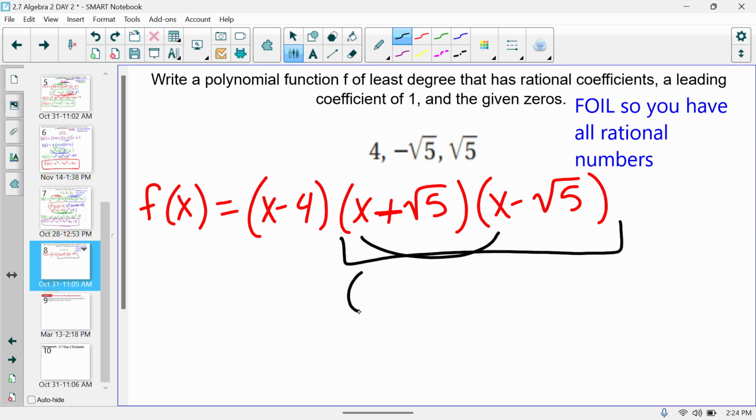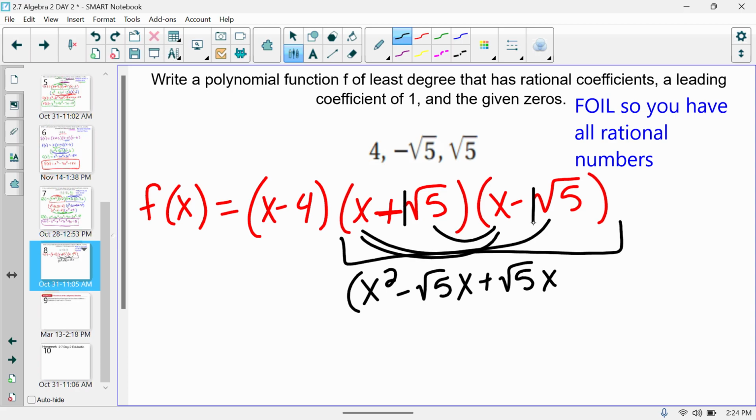So x times x is x squared. Outer is going to give me negative radical 5 times x. And then inner is going to give me positive radical 5 times x. And then last, I would think of 1 times negative 1, but then radical 5 times radical 5. Guys, you can write that as, since both 5s are under a radical, you can write it as one product. We learned that back in chapter 1.